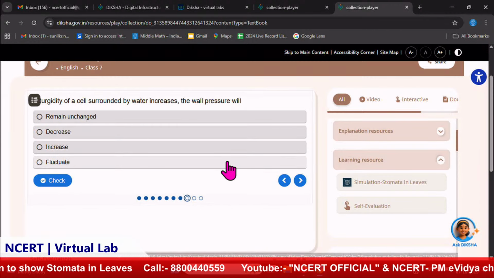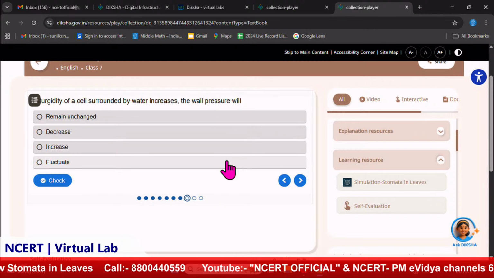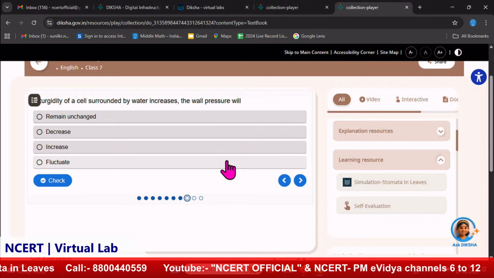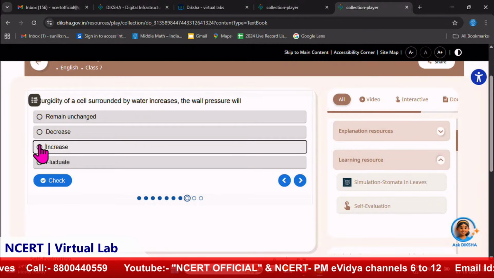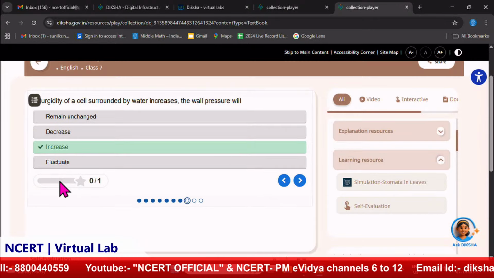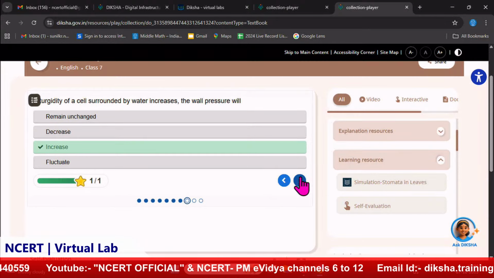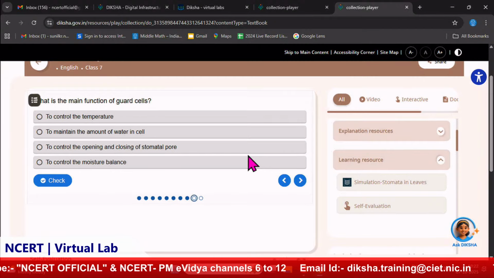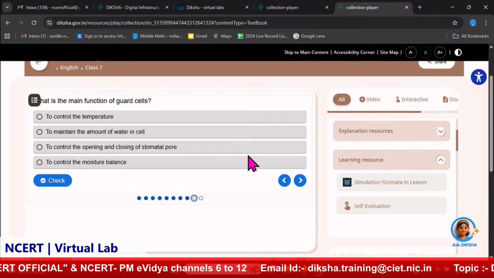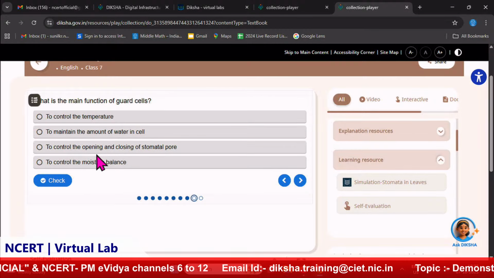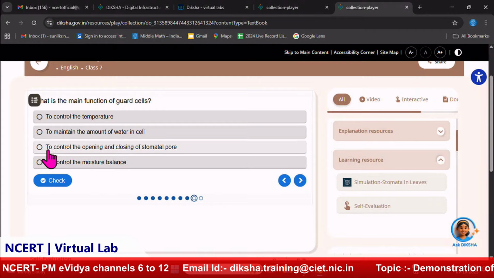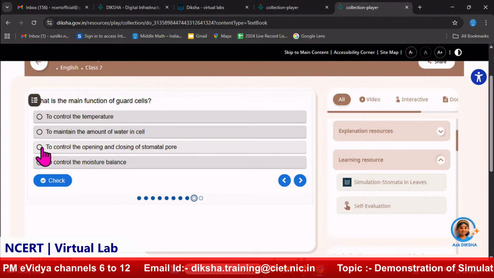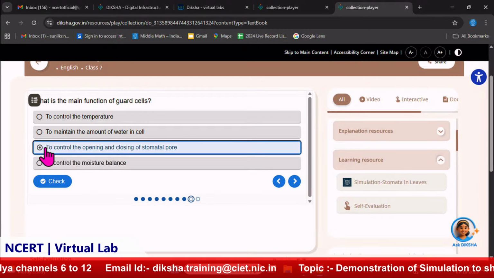The turgidity of a cell surrounded by water increases, and the wall pressure also increases. And what is the main function of guard cells? The main function of guard cells is that they control the opening and closing of the stomatal pore.